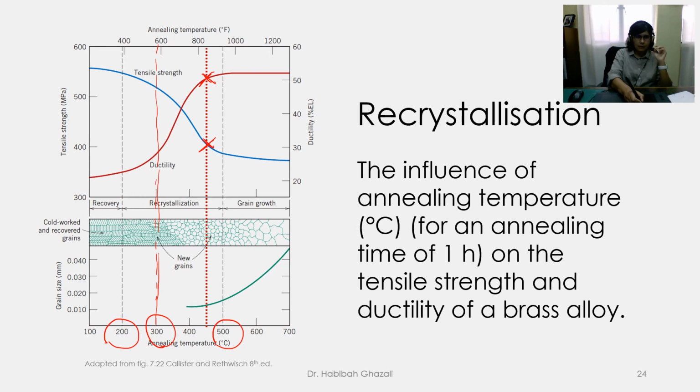We figure out that the tensile strength will be different than the one at 450 degrees Celsius, and also the ductility will be different. So the annealing temperature is also going to influence the mechanical behavior of the materials.